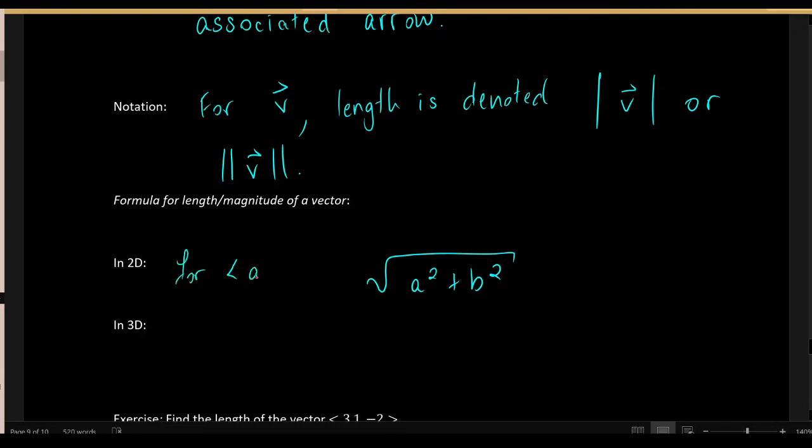So for a 2D vector with components <a, b>, the length of that vector, the magnitude, is equal to the square root of a squared plus b squared. So I could represent this as the vector <a, b> surrounded by absolute value symbols, or I could represent it as the vector <a, b> surrounded by double absolute value symbols.